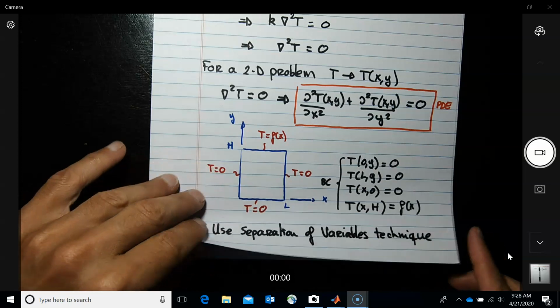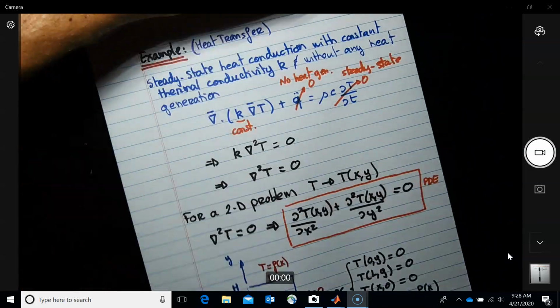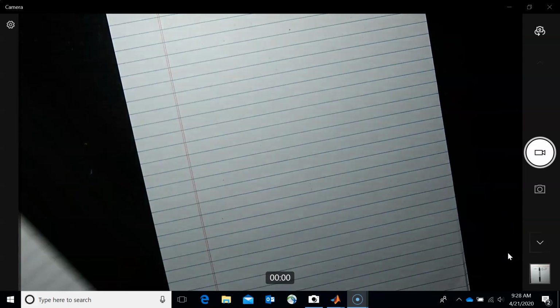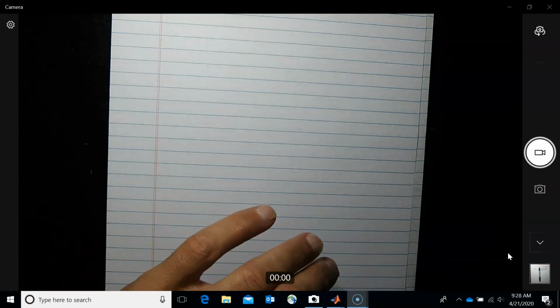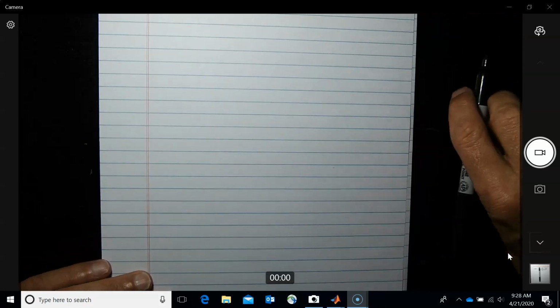So really the only thing that the separation of variables technique has is to do the following. So this would be page 207. So the main technique is, the first thing is to do what?